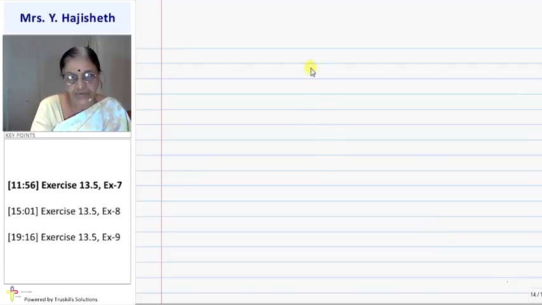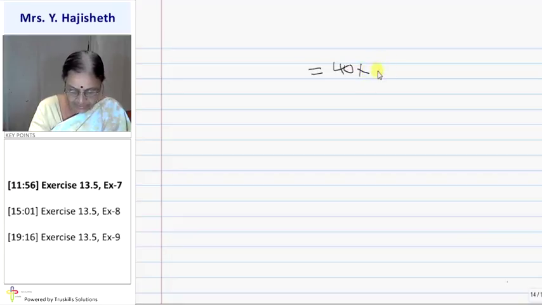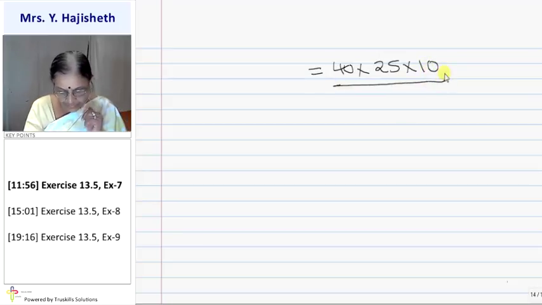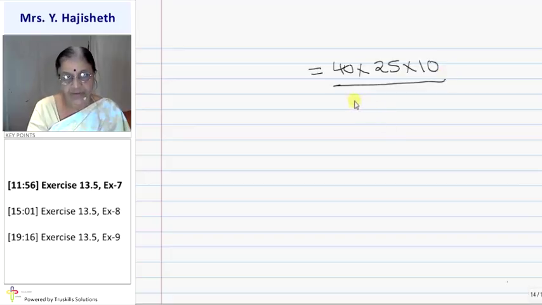So it is 40 into 25 into 10 upon, मैं लिख दूं वॉल्यूम ऑफ क्रेट के लिए 15 by 10 into 125 by 100 into 5 by 10. Clear?